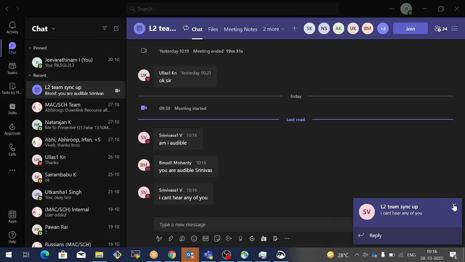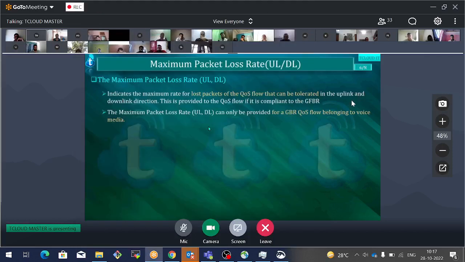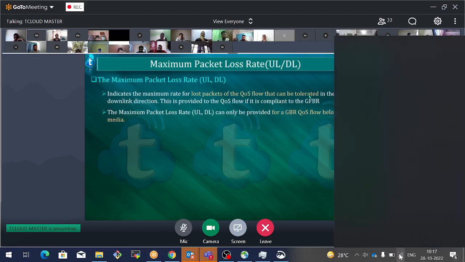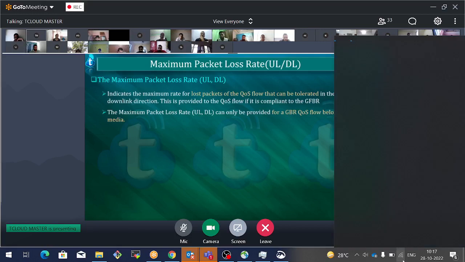The last parameter in the GBR flows is the maximum packet loss rate. This indicates how many packets are allowed to be lost, that even if they are lost, the QoS flow tolerates it.